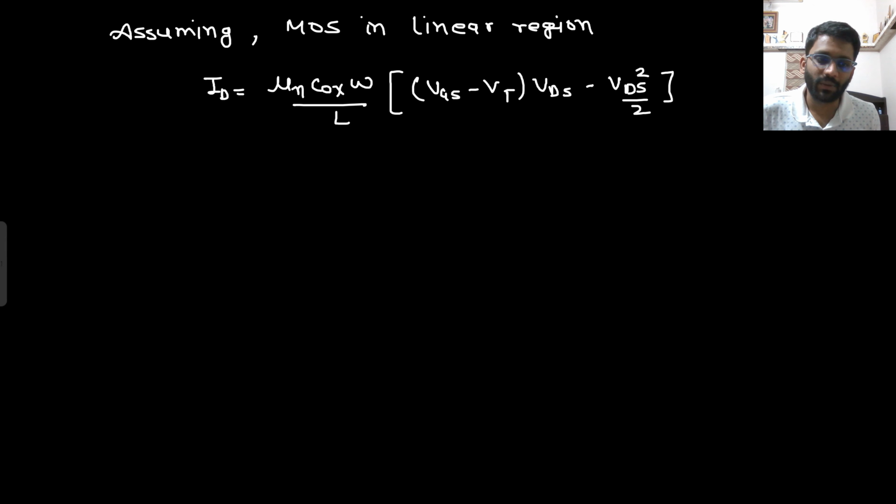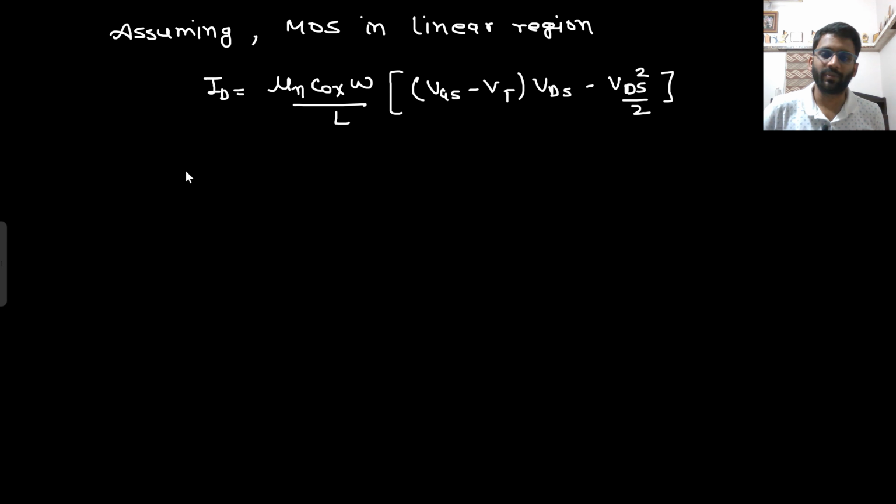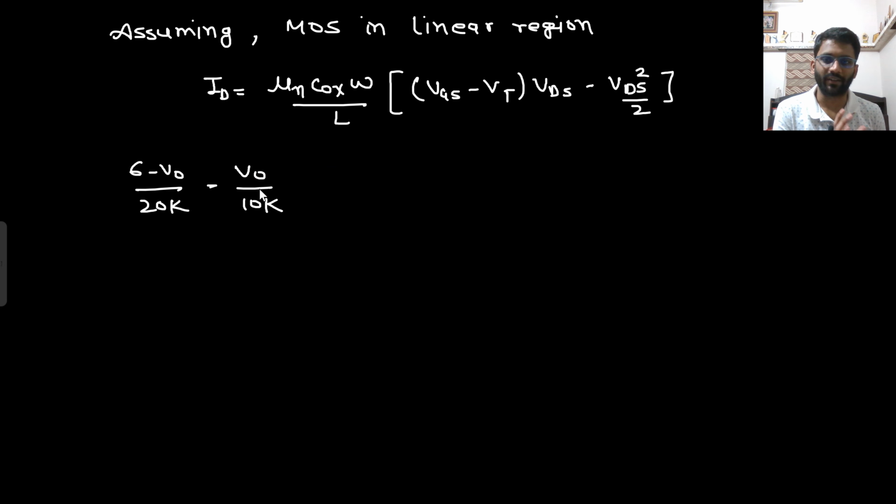So yeah. Now you again have two variables, ID and V naught. But we have written ID in terms of V naught only. So 6 minus V naught by 20K, 6 minus V naught by 20K minus V naught by 10K. Also you should have good aptitude to solve the problems. Calculation should be better.